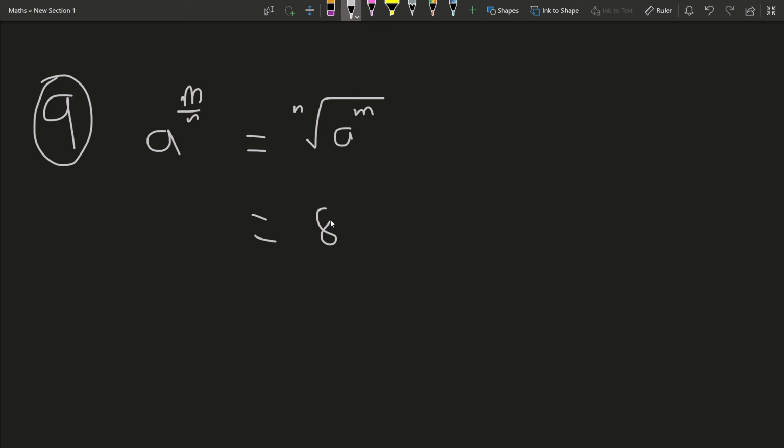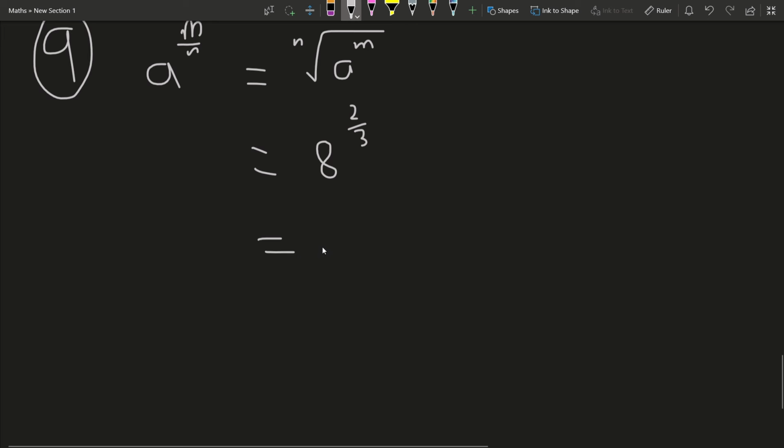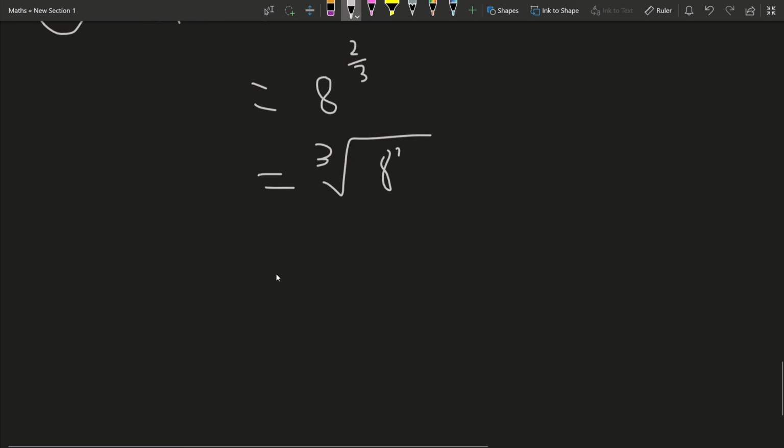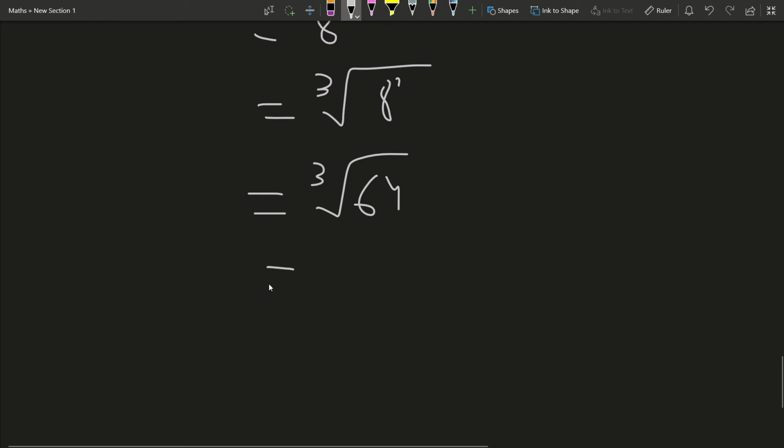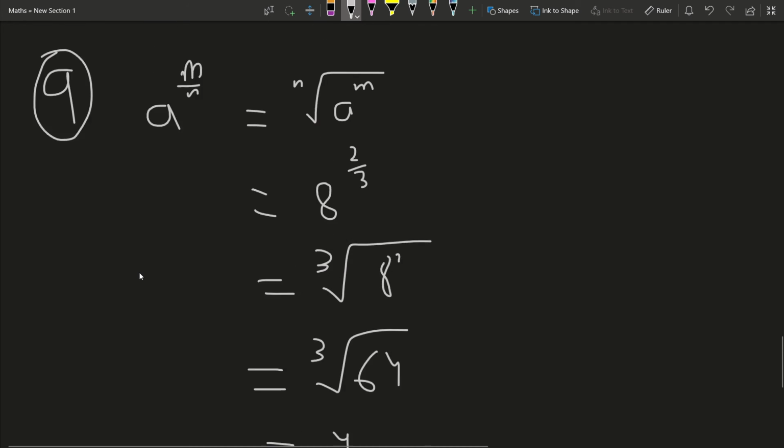Let's give an example. Let's say 8 to the power 2 upon 3. We can write this down as, since 2 is m, so 8 to the power 2, and then 3 is the denominator, so we write it like this, and 64 to the, and then 3.